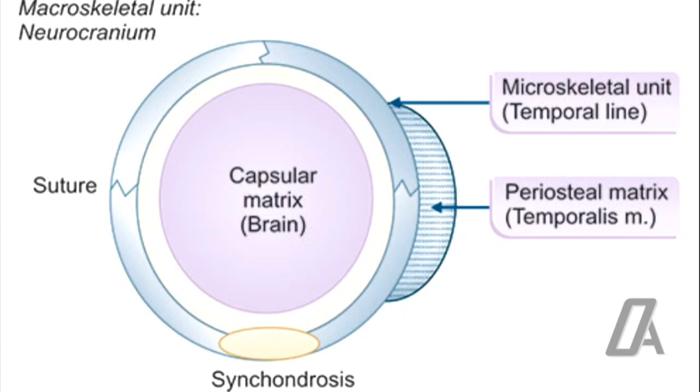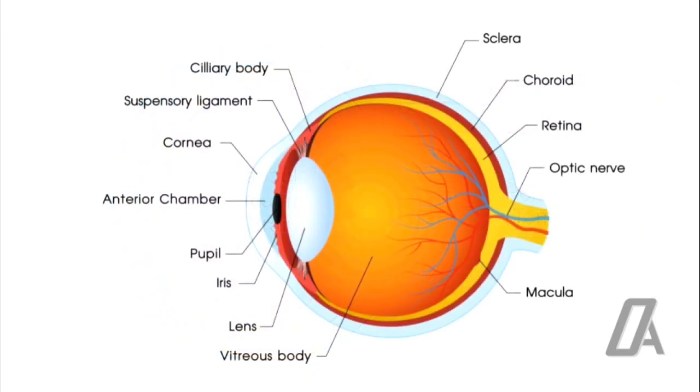Capsular matrix includes the capsule that surrounds masses and spaces. For example, the neural mass is contained within the capsule of scalp and dura mater. Orbital mass is surrounded by the supporting tissues of eye.